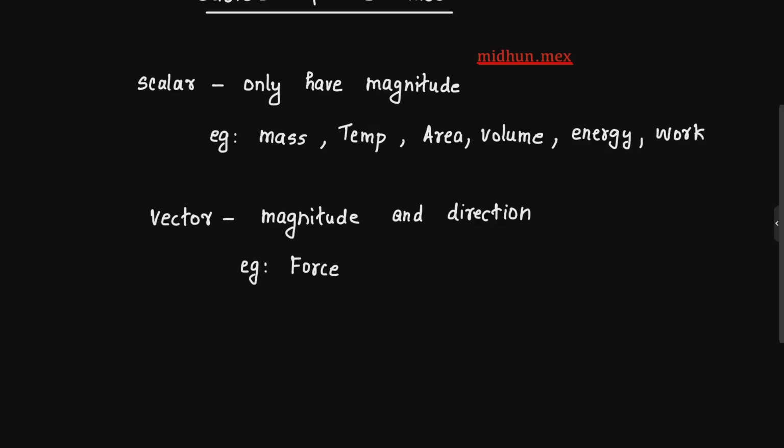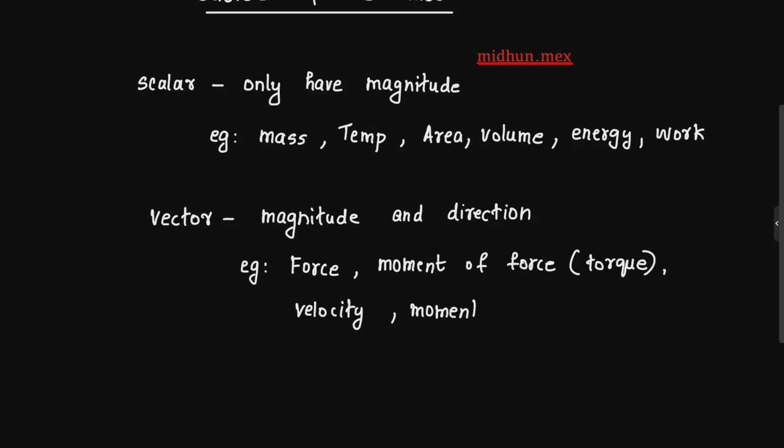Force is definitely a vector quantity. Similarly we can say moment of force, or we call it torque. Moment of force or torque is a vector quantity. Next we can say velocity, which is a vector, and momentum, which is a vector. Likewise so many quantities are there.